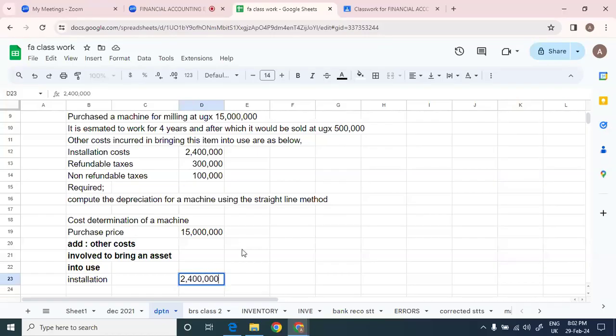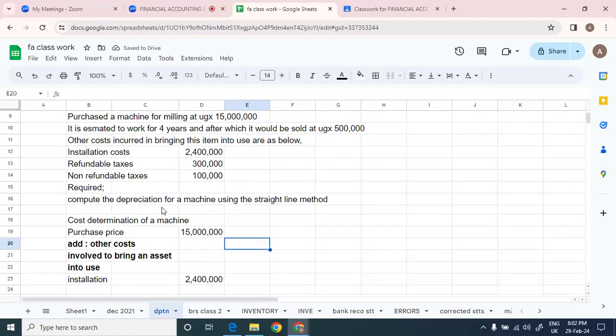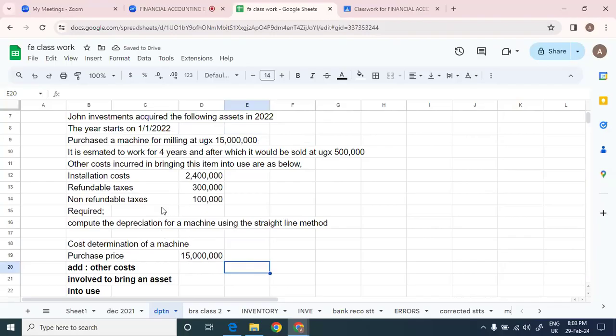We are going to add it here, which is 400,000. We have refundable taxes. Refundable taxes, these ones we are not going to consider them because it is like VAT claimable. You can go on to claim these taxes and URA will have to pay you back. So we don't put it on the cost of a machine.